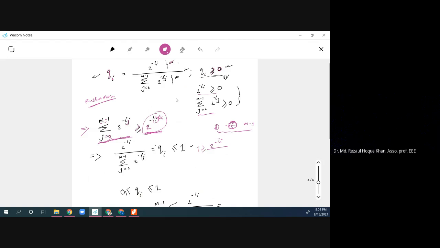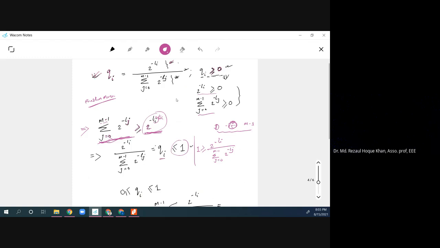So here 1 remains and this part goes here, the summation over j equal to 0 to m minus 1 of 2 to the power minus Lj. That's what I am writing here, where this part we also know is Qi.